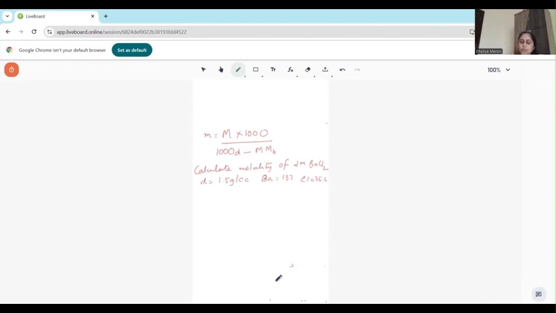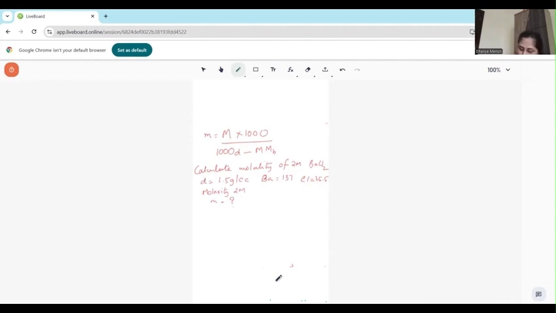So you are given molarity. Capital M is always molarity. Molarity is 2 M, and you need to find small m. Now the solute is barium chloride. Molarity and density are given to you.